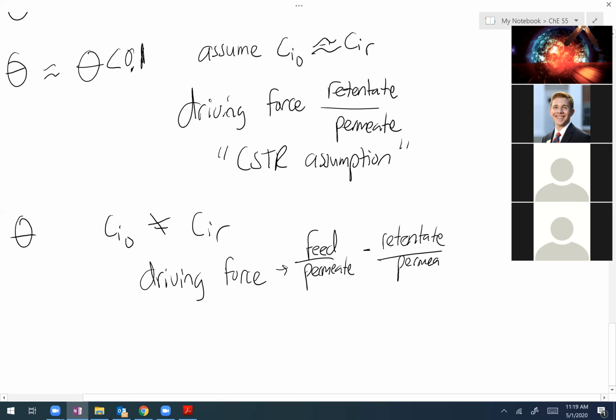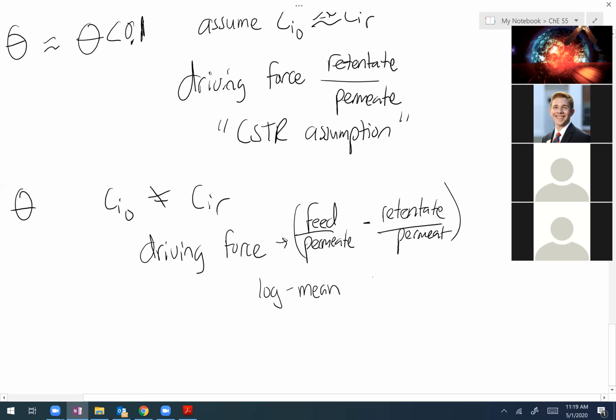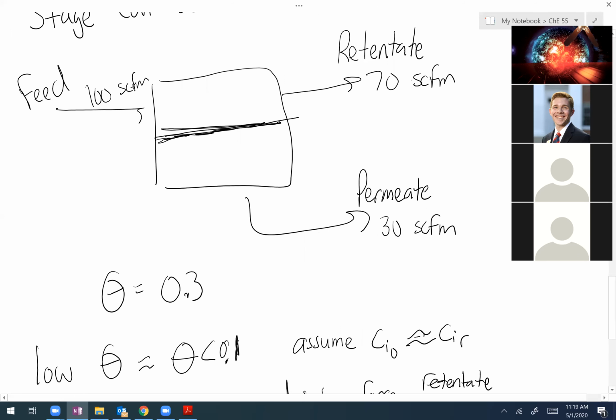So we get that log mean driving force in the plug flow reactor assumption. And so theta is a good way to measure that.